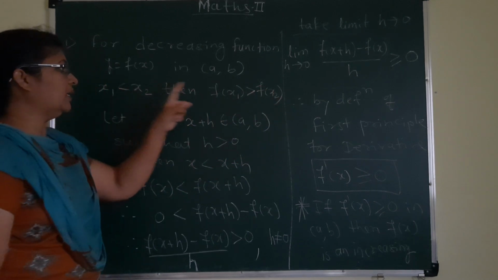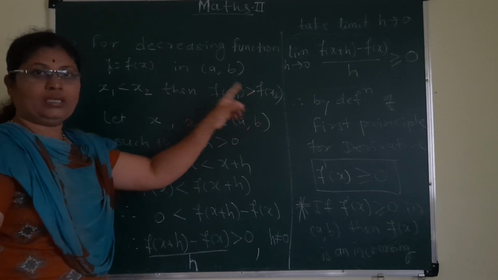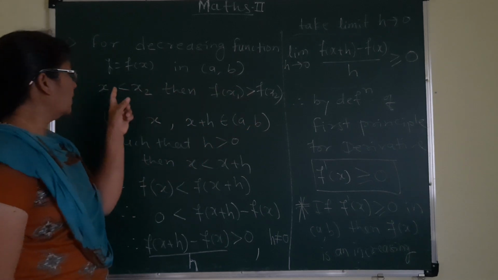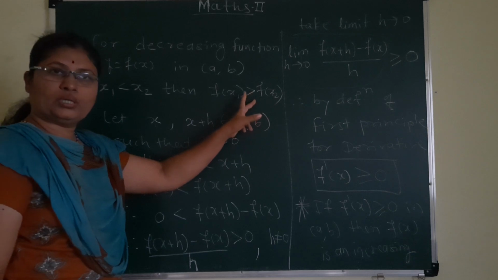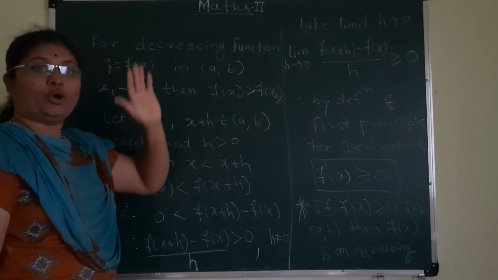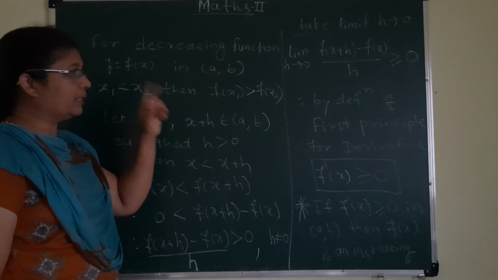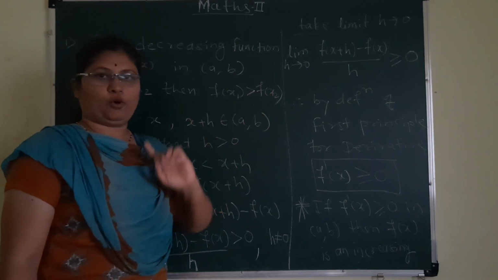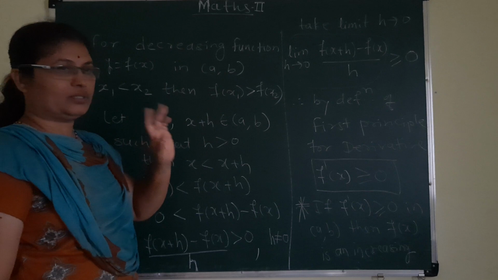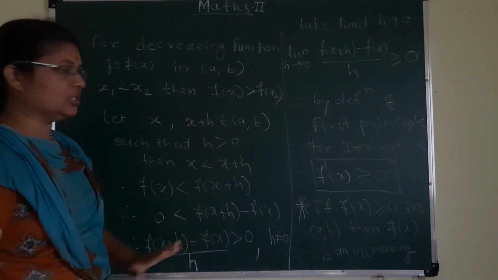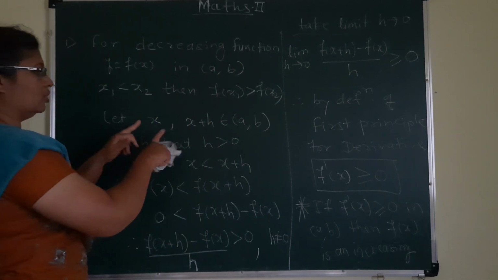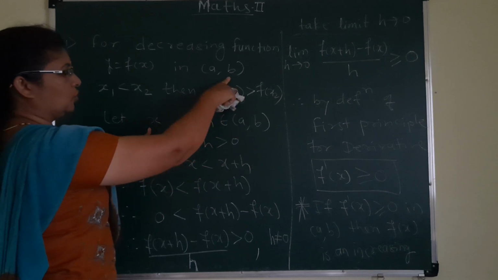The inequality reverses here. In an increasing function, here it is less than and here also it is less than. For a decreasing function, x1 is less than x2 but f of x1 is greater than f of x2, then our function is a decreasing function. So this meaning we will consider here. Again I will consider these two values belonging to this interval.